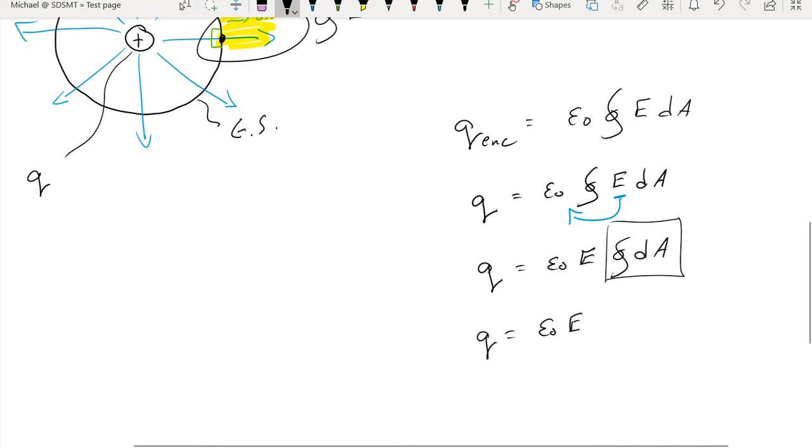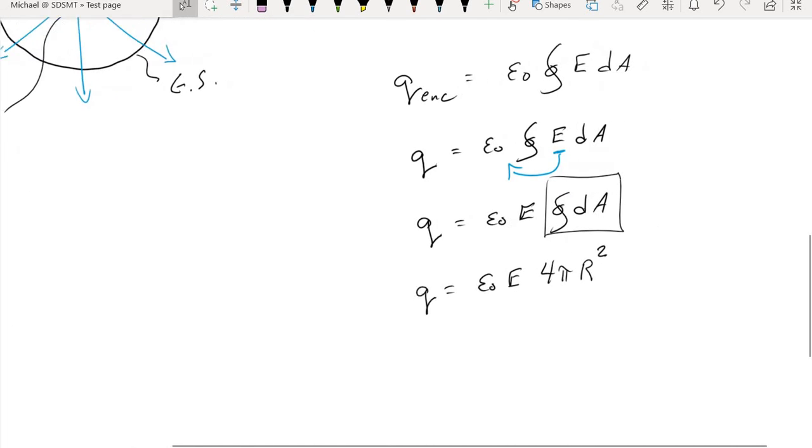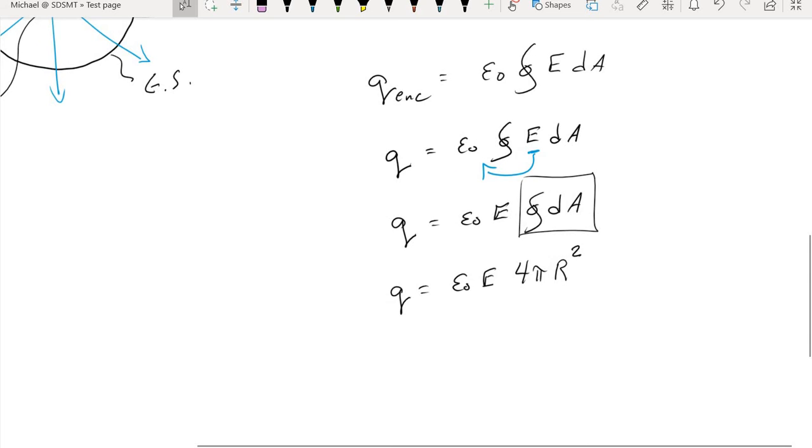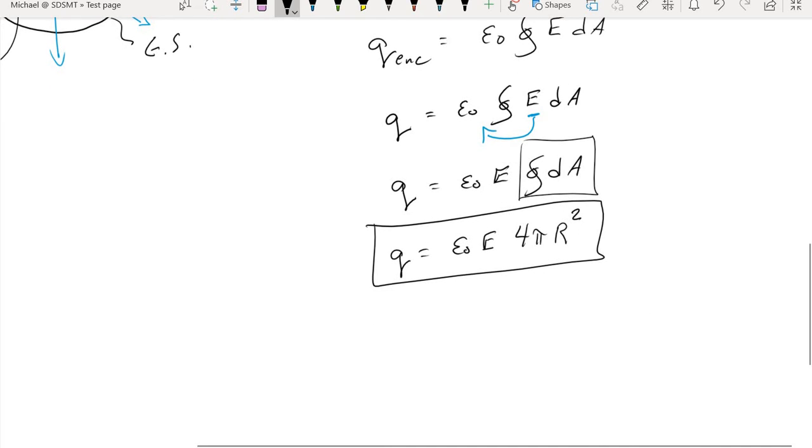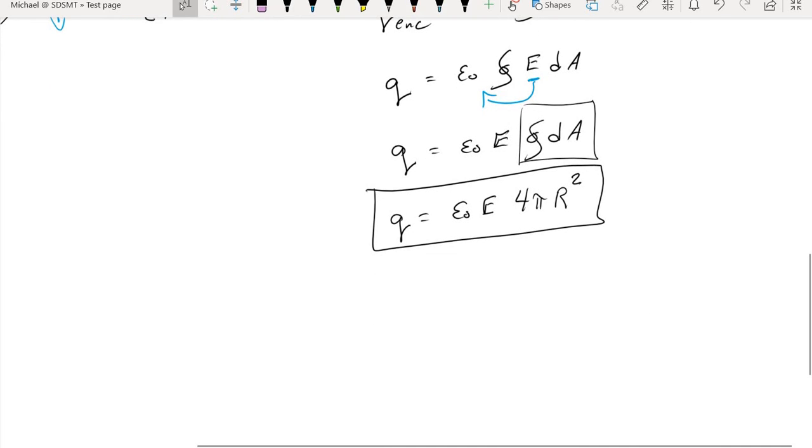So even though we had what looked like an intimidating three-dimensional integration, we were basically able to bypass all of that. The integration's done. We have an algebraic expression sitting in front of us. All that's left is to rearrange and solve for the electric field.